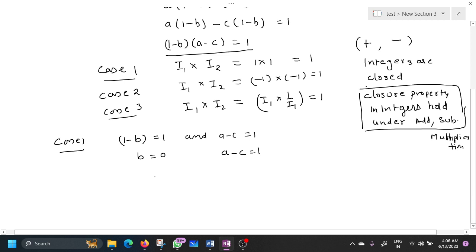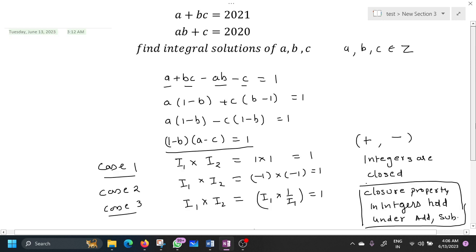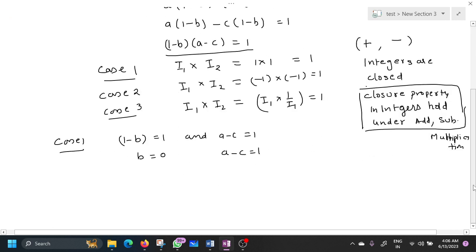So if we put these values in any of the equations, see, one of the equations is a plus bc is equal to 2021. Take a plus bc is equal to 2021 and b is 0, so a is equal to 2021. If a is 2021, then a minus c is 1, so we get c is equal to 2020.